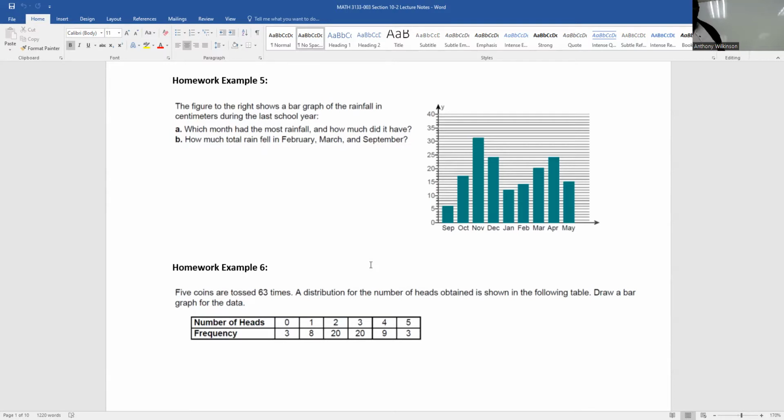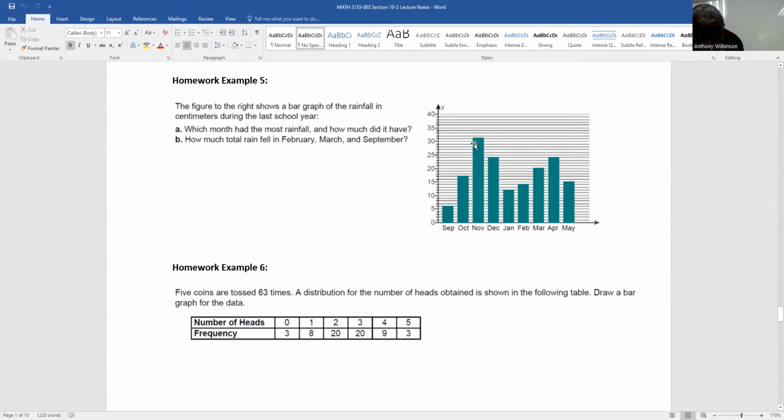Let's say we want to answer parts A and B. Which month had the most rainfall and how much did it have? By looking at this, which month did have the most rainfall? Of course, November, as you can see. And by how much?